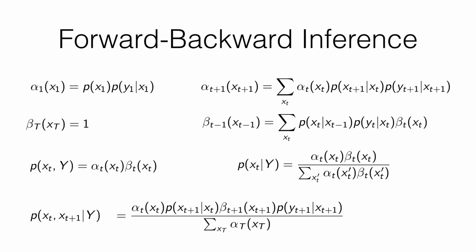And then once we have those computed, we can write down the expression for probability of x given y, which we can compute by normalizing the joint probability of x_t and y. And then we can also write down this probability of transitions, right? The estimated probability of transitioning from x_t to x_t plus 1, all in terms of these alpha and beta messages.